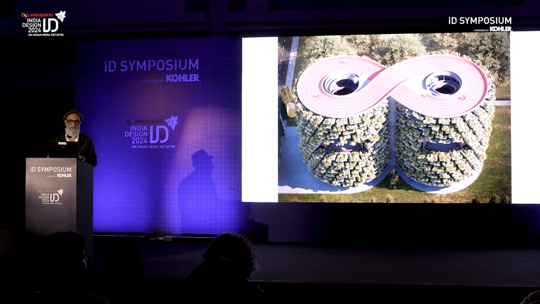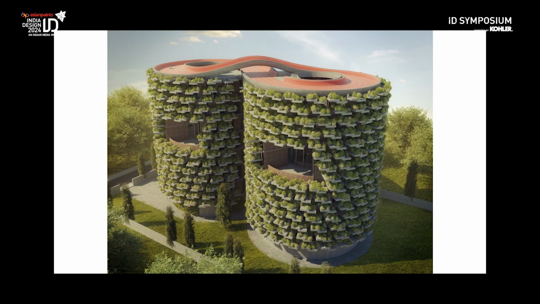Now, the idea of the school is not that it starts at 8 o'clock in the morning and ends at 3 o'clock in the afternoon, but how can a school be a 24/7 cultural space? How can the community engage with that space? Whether it's used for walking or cycling or workshops, discussions, meetings, community engagement, community interaction, all that is possible. And that's how it sits in the landscape.